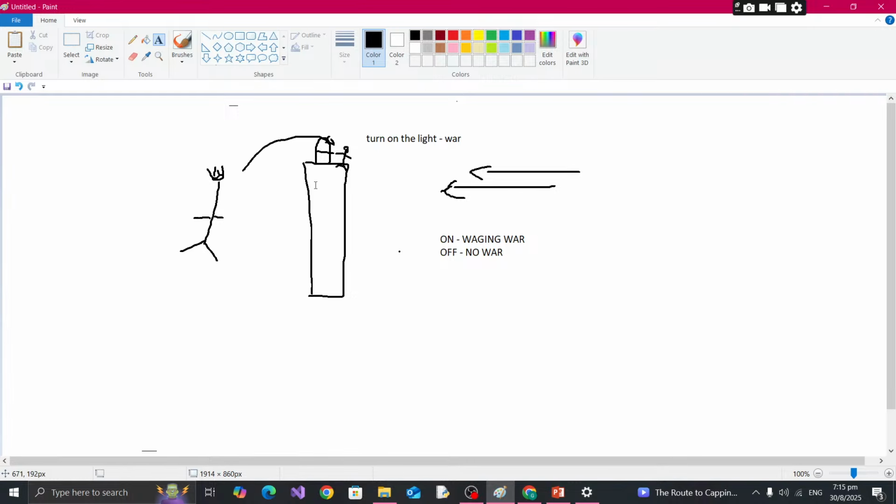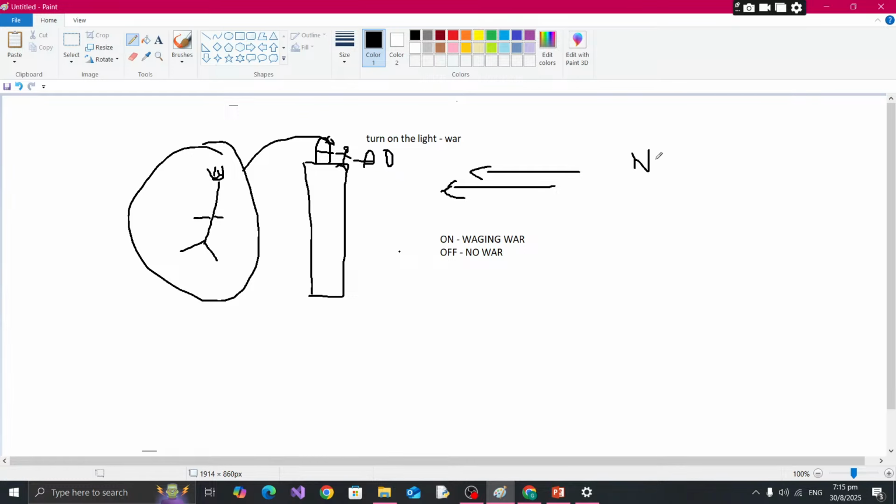Then the enemy waged war, but the king could not see from which direction the enemy was coming. So in that lighthouse, they kept another two lights. Then they devised a plan.